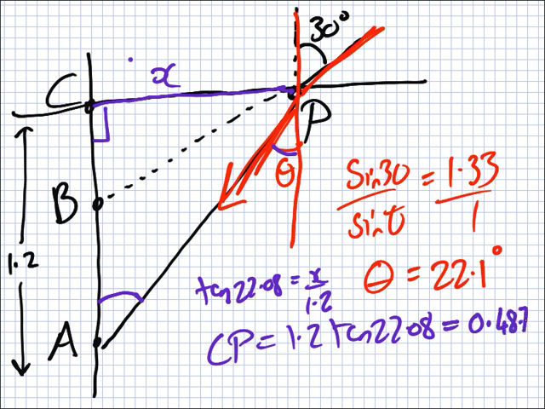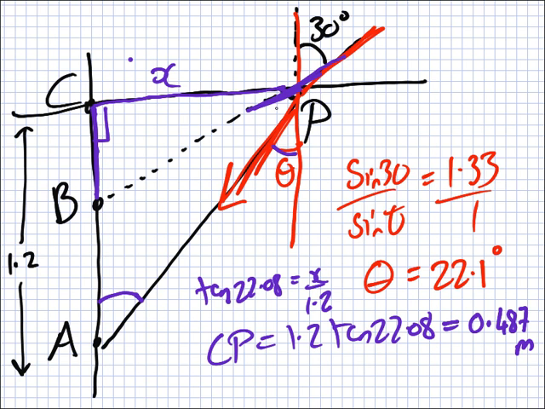0.487 meters. Okay. Now, how can we get this distance? Let's see. So what do we know? We know that this is 30 here, so that one is 30. Now I have to be really careful here not to mess this up. This is a straight line.